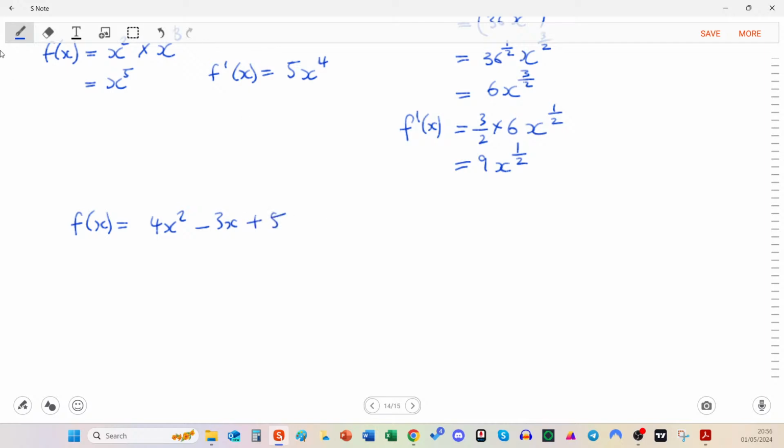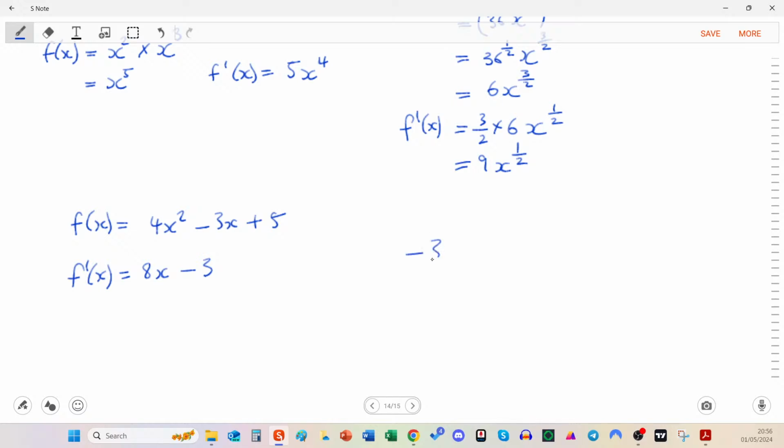And in this case, we just differentiate term by term. So we start with this one, and we get 8x, and the 2 turns to a 1, but we don't need to write the 1. The 3x, this one is just going to become minus 3.